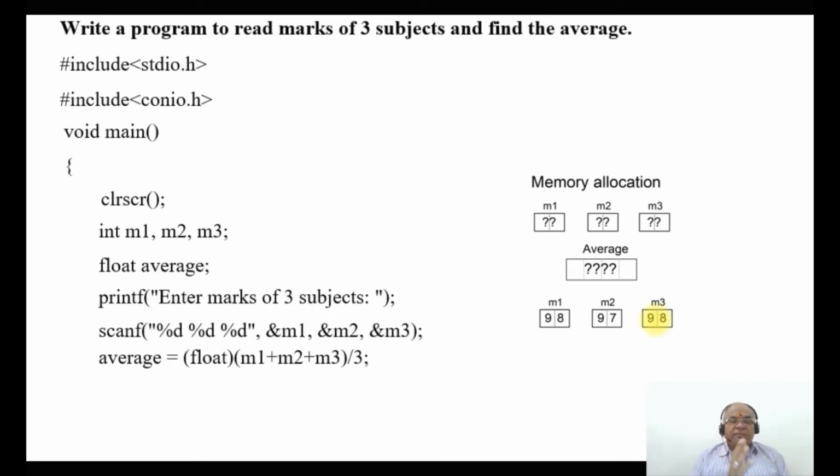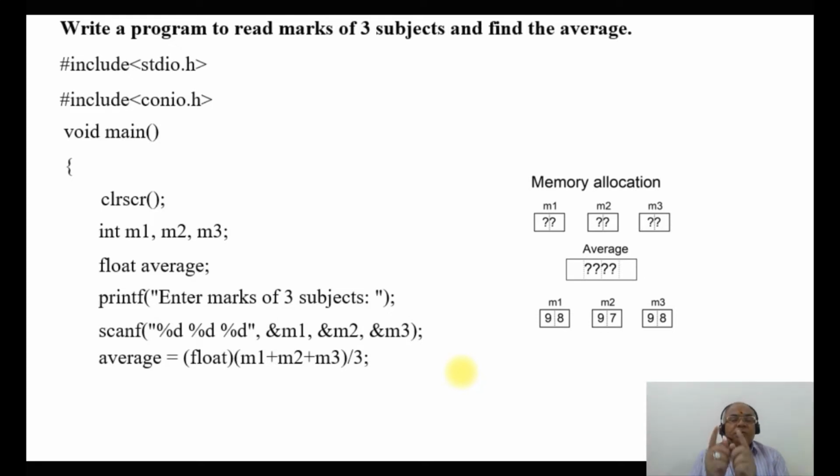Whatever average you get will not have the exact value because the decimal part is truncated. Even though the average is a float, the result is an integer, and that integer value is then converted into float, so you will not get the exact value.